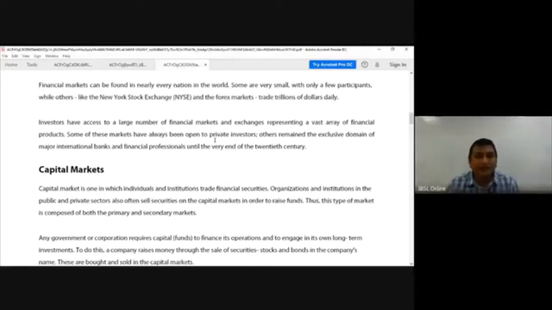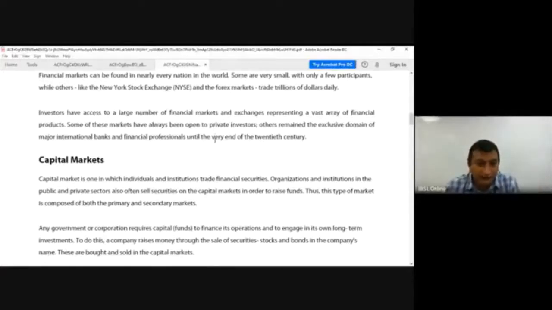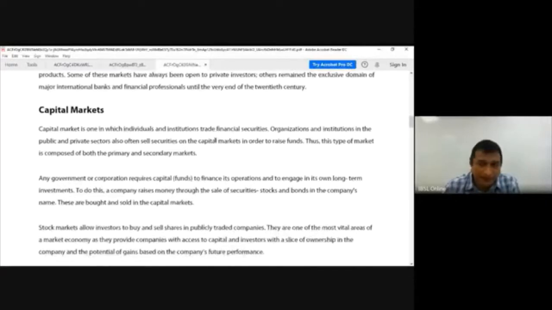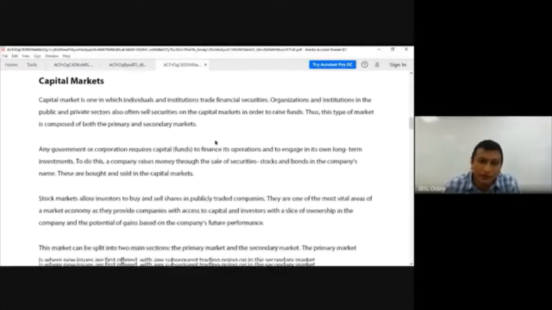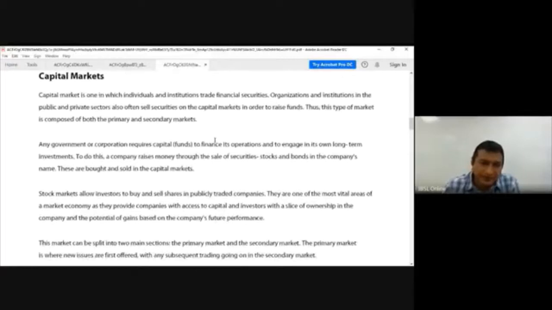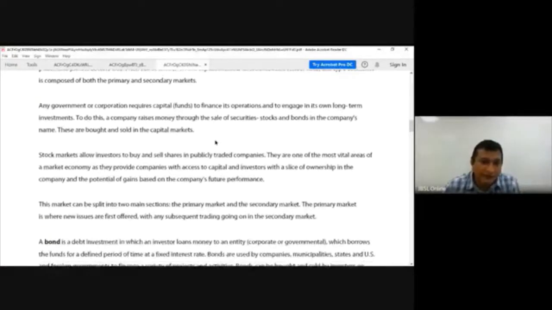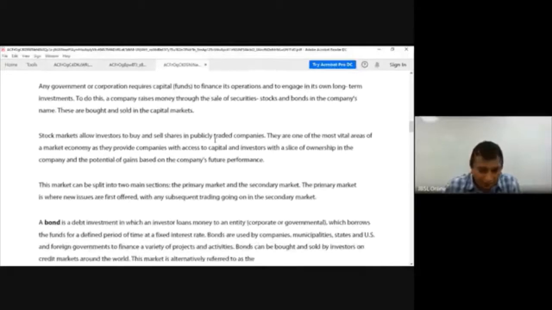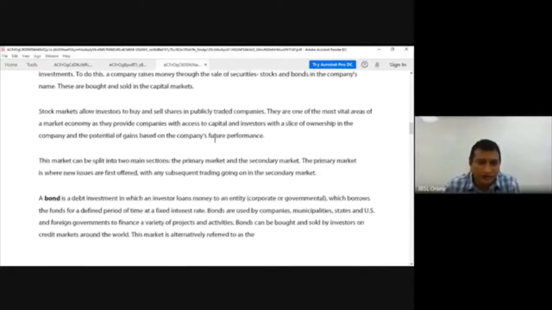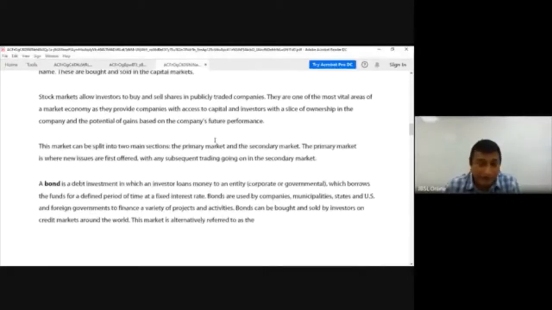So there are various types of markets within the financial market itself. I'm just glancing through some details for you all, but you can go into these and read. And then, of course, what is a bond and things like that we will also be discussing, so I will not try to detail it out here.